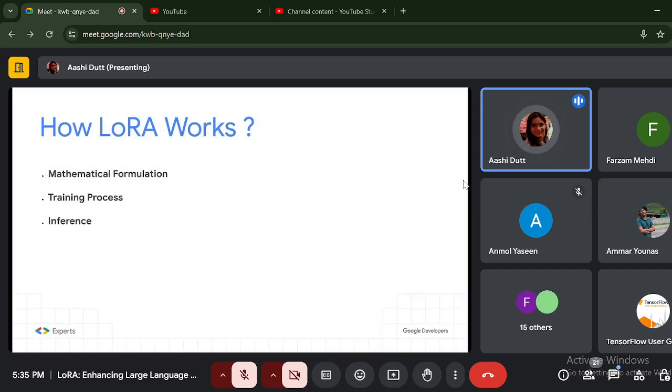So now the boring part, that is the mathematical formulation of LoRA. That is not really that boring. It's very easy mathematics and very easy to understand. So we'll go through the mathematical formulation, show the equations for low rank decomposition, and how you update the matrices, how you calculate the update. Then the training process, how you train LoRA through gradient descent, and finally inference: LoRA does not add any extra latency during inference because the original model weights are not modified.